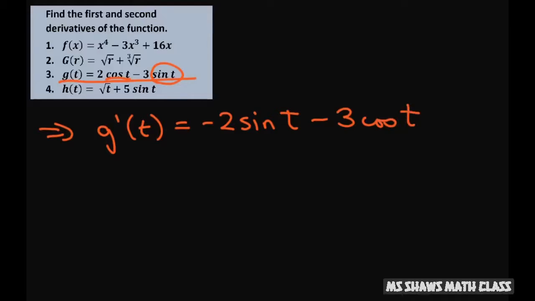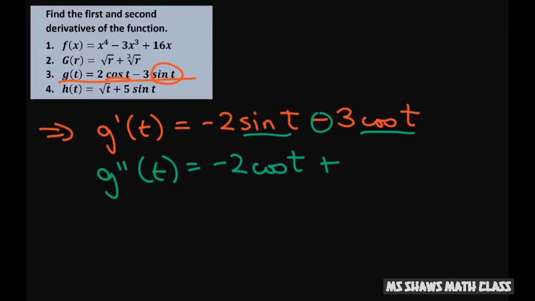All right, the second derivative is g double prime of t. The derivative of sine is cosine, so we're just going to write negative 2 cosine of t, and the derivative of cosine is negative sine, so 2 negatives are going to make a positive 3 sine of t.